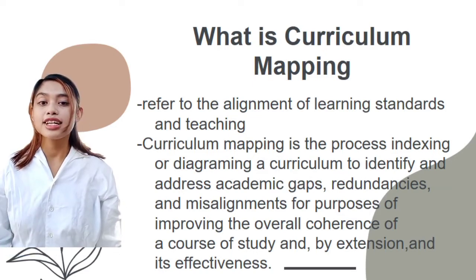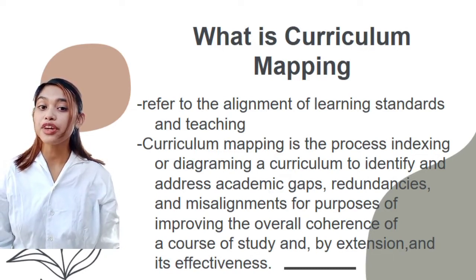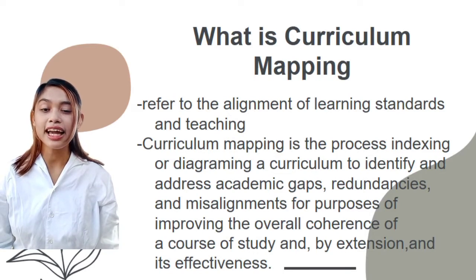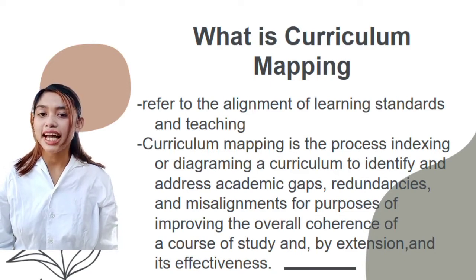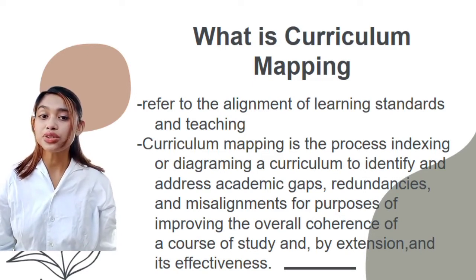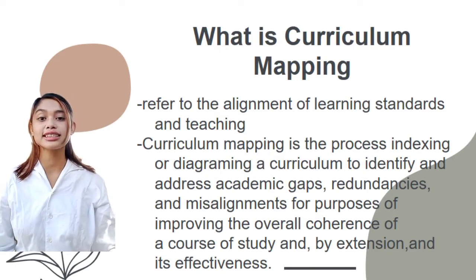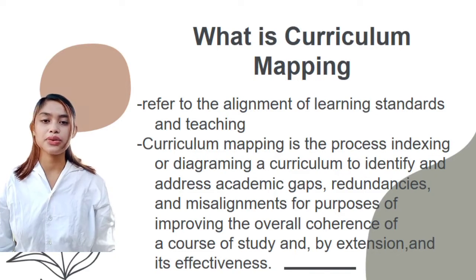Curriculum mapping is the process of indexing or diagramming a curriculum to identify and address academic gaps, redundancies, and misalignments for purposes of improving the overall coherence of a study and, by extension, its effectiveness. A curriculum, in the sense that the term is typically used by educators, encompasses everything that teachers teach to students in a school or course, including the instructional materials and techniques they use.